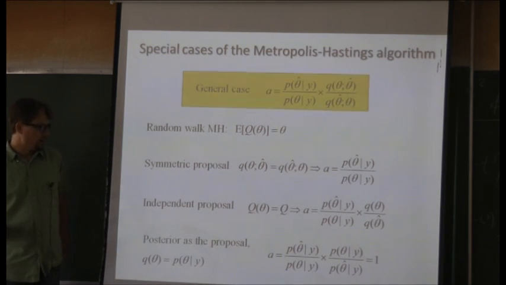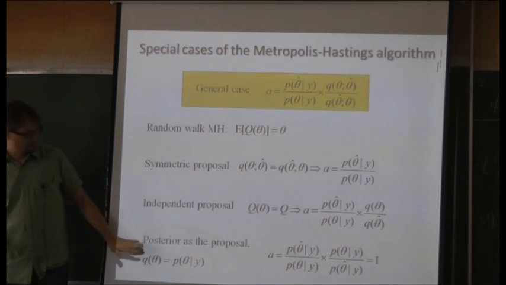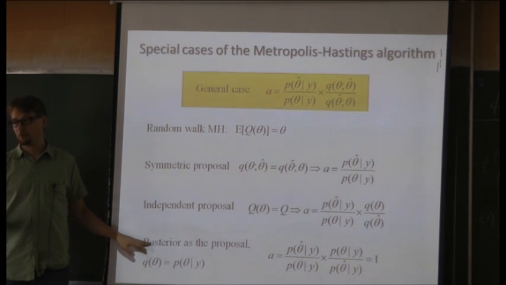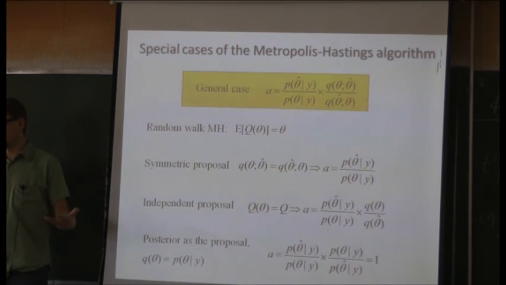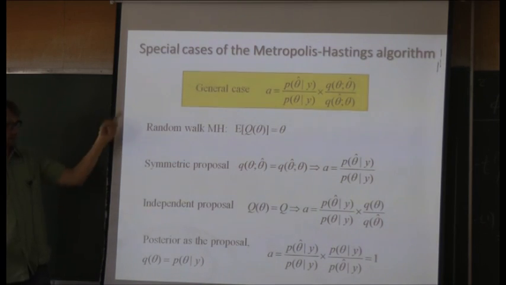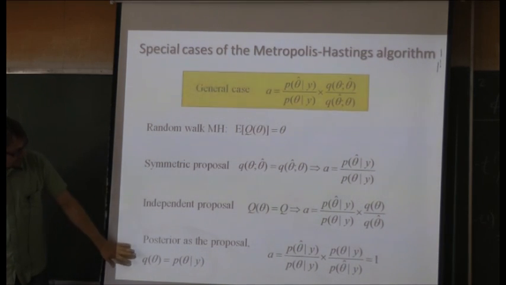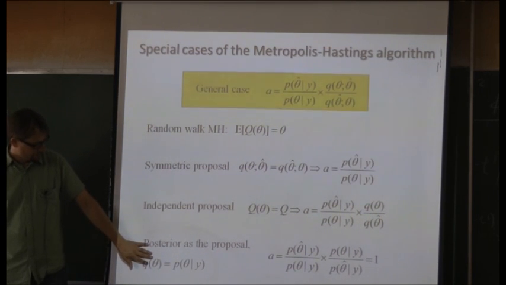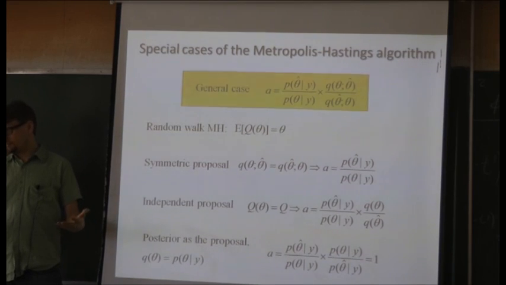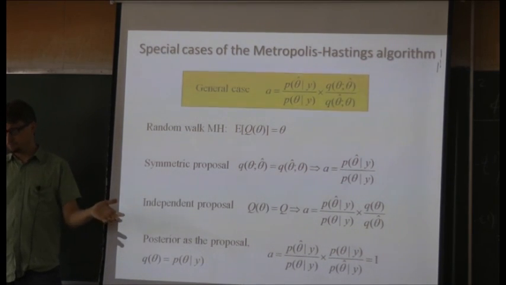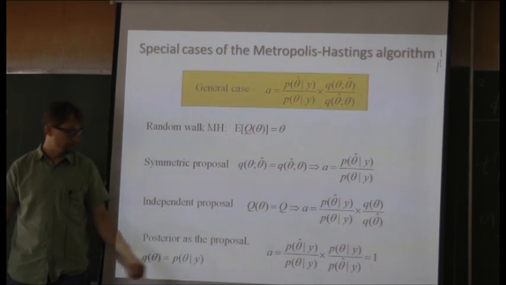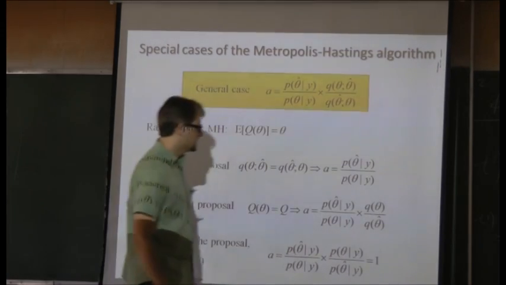Let's see, just for fun, what happens if you would use the posterior density as the proposal distribution. Of course, you don't know the posterior density. That's the whole point of doing this sampling. But if you would know it, let's see what this algorithm is doing. In this case, the proposal density q of theta would be independent of the present value, because you always propose from this posterior, so it's simply the posterior probability of theta given y.